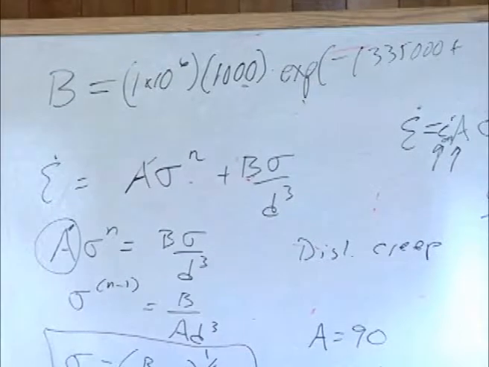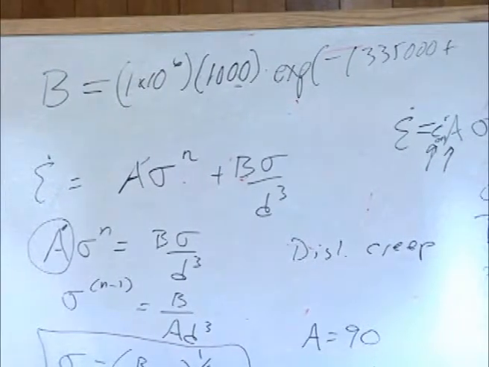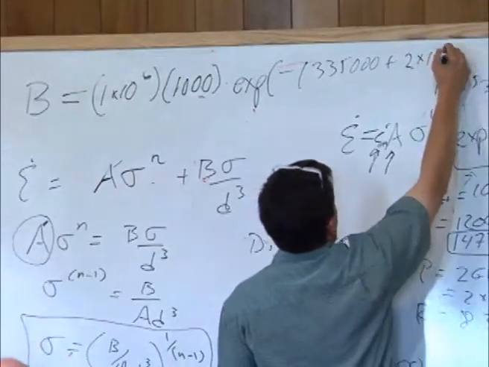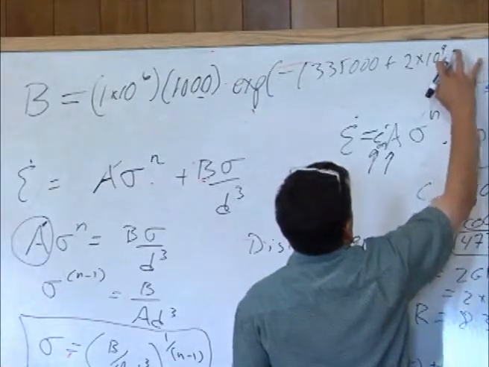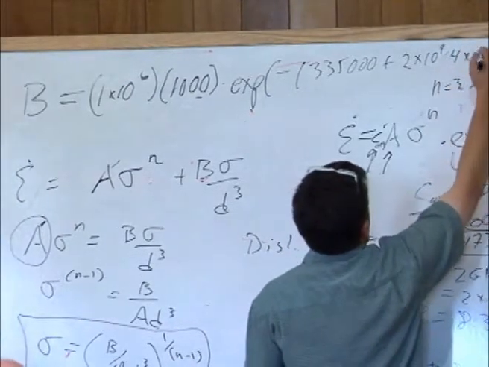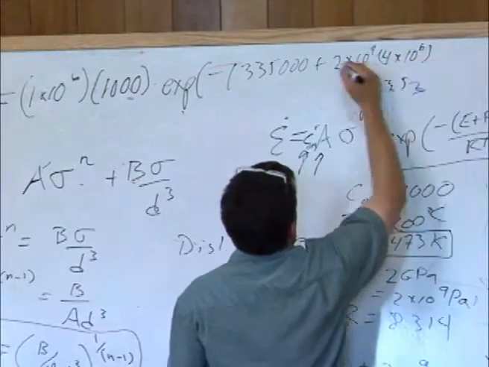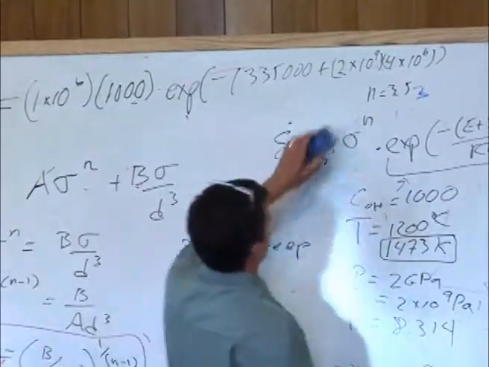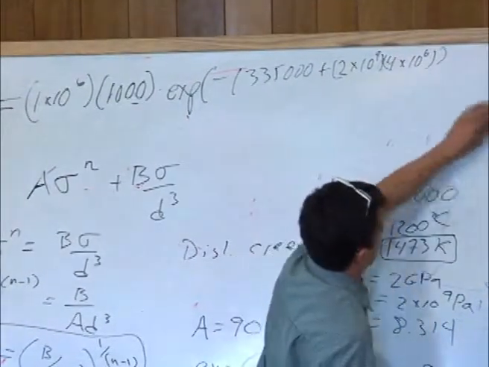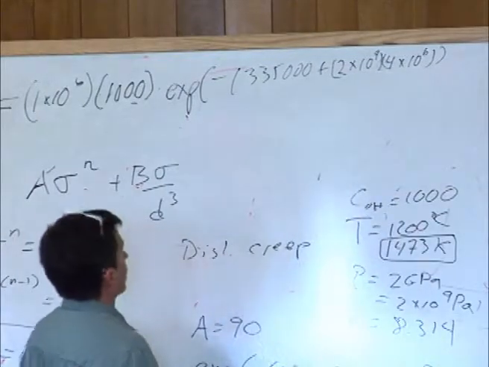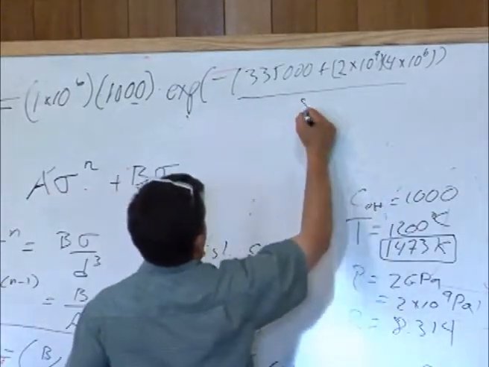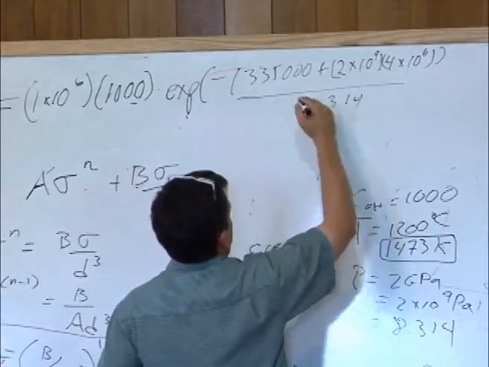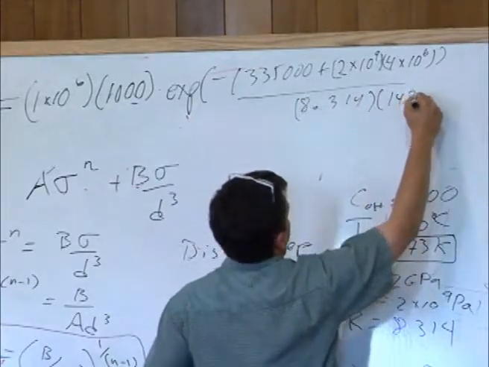Now, the activation volume is 4. So you get 2 times 10 to the 9th pascals times 4 times 10 to the minus 6, divided by 8.314 times 1473.